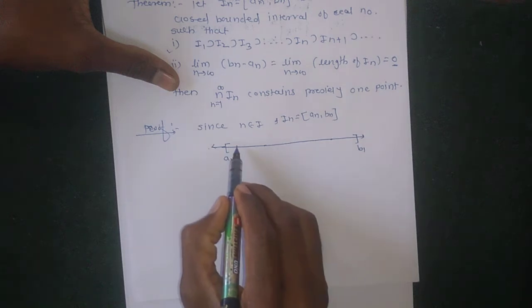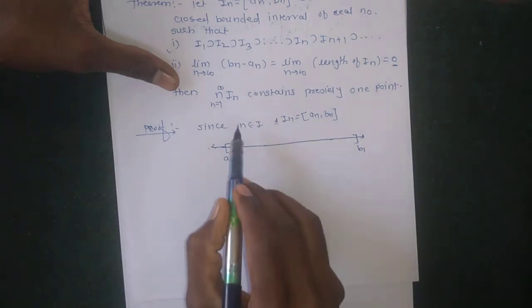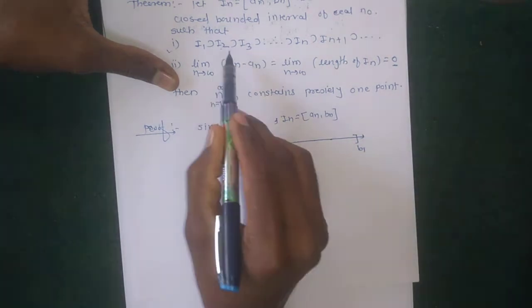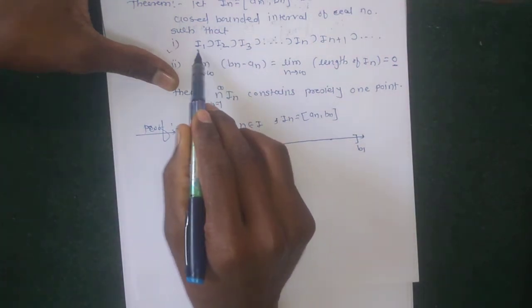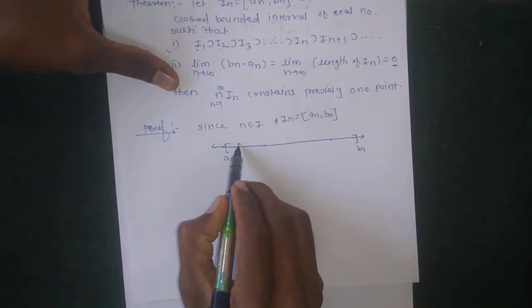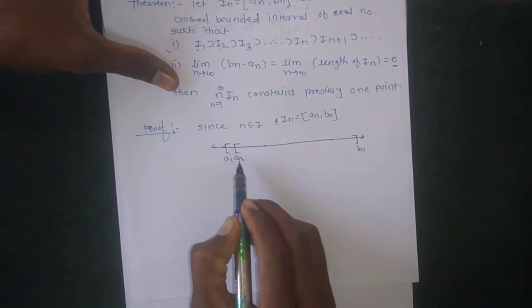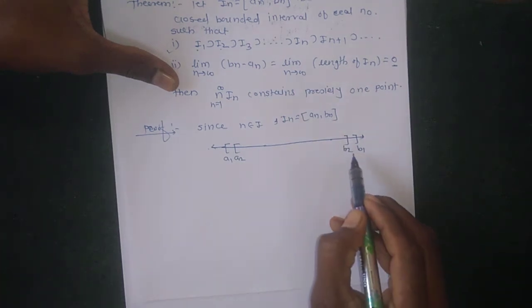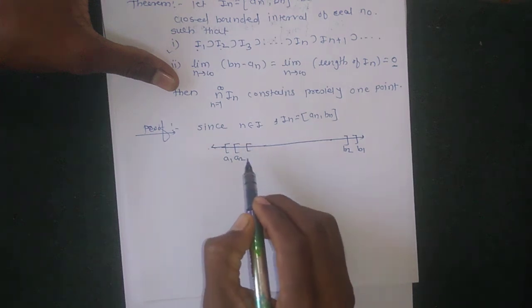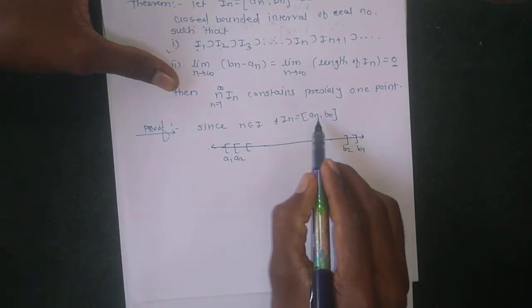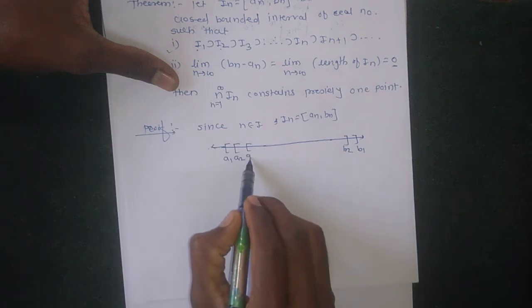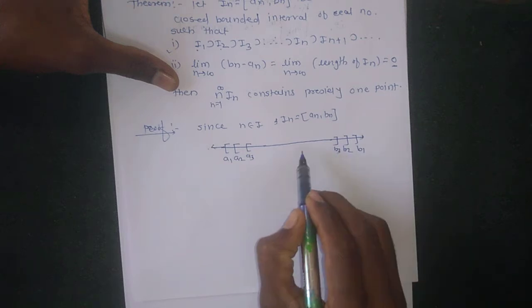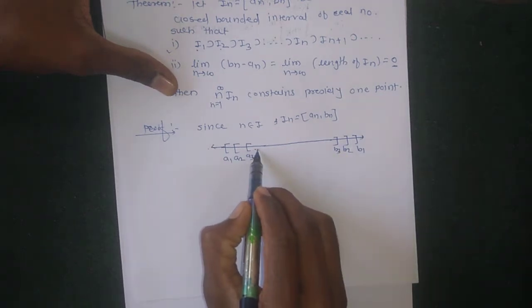If we take n equal to 2, then I2 is contained in I1, with A2 and B2. If we take n equal to 3, then the interval is [A3, B3], which is also contained in [A2, B2], and so on in this way.